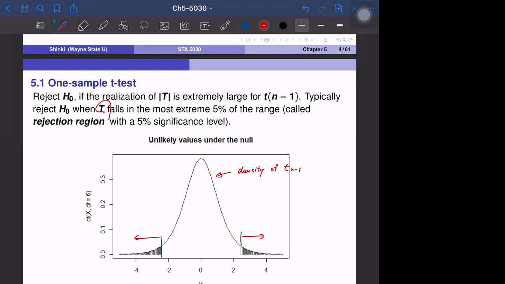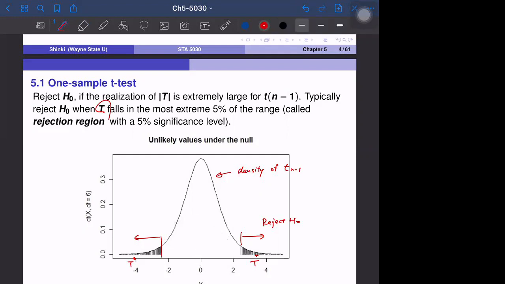So we reject the null hypothesis. These are typical values, but these values are too extreme. So we reject the null hypothesis.